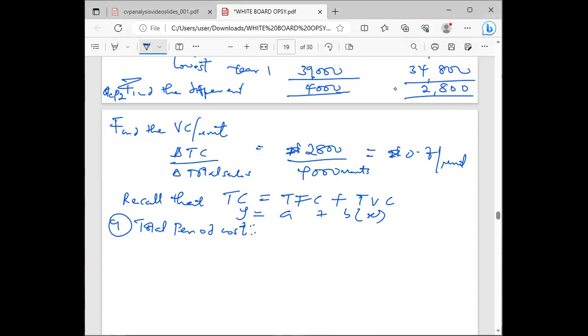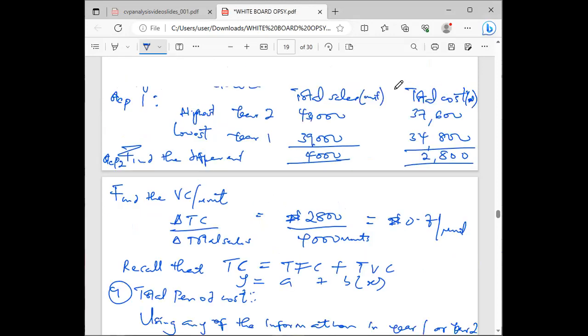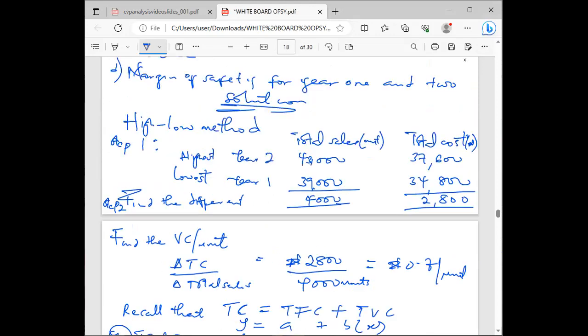So I will now say, using any of the information in year 1 or year 2. You can use any one. Let me use year 2. If I'm using year 2, at year 2, my total sales in units was 43,000 and my total cost was 37,600.